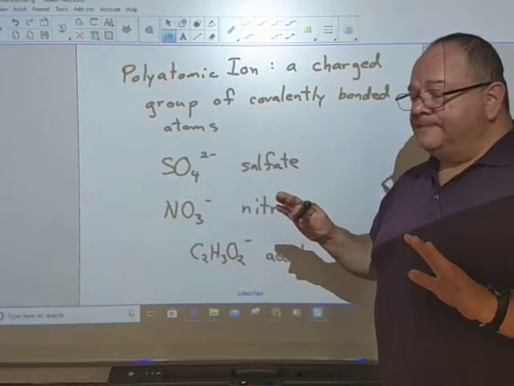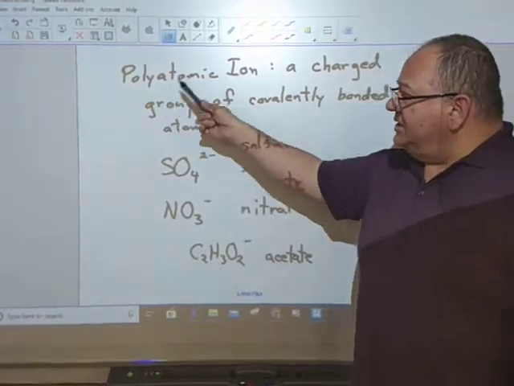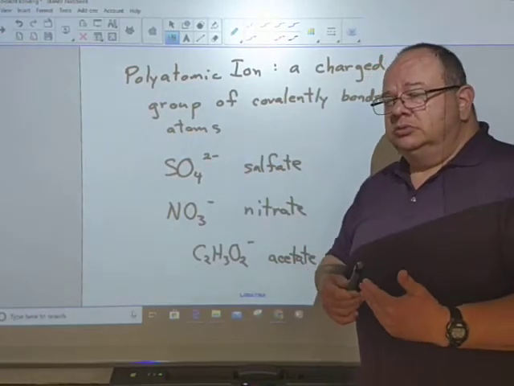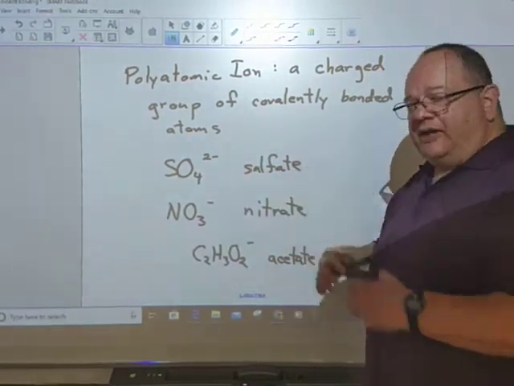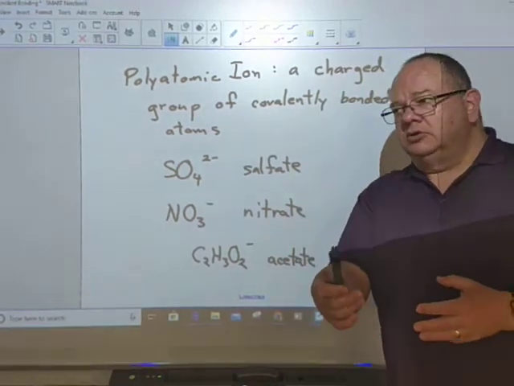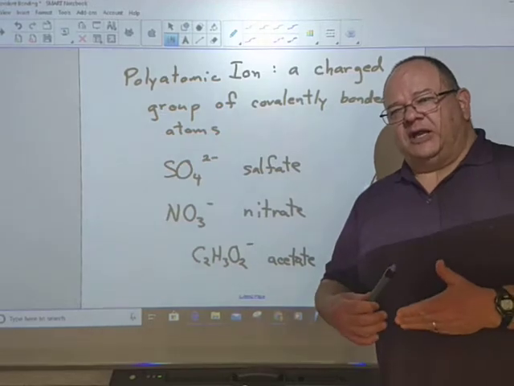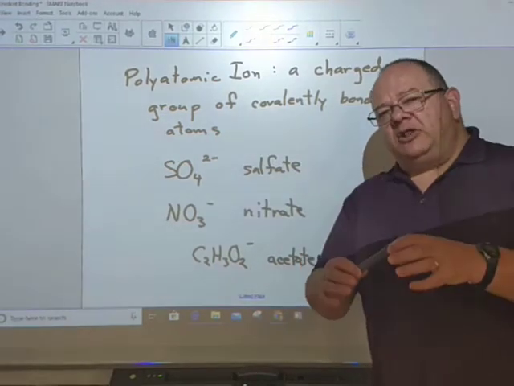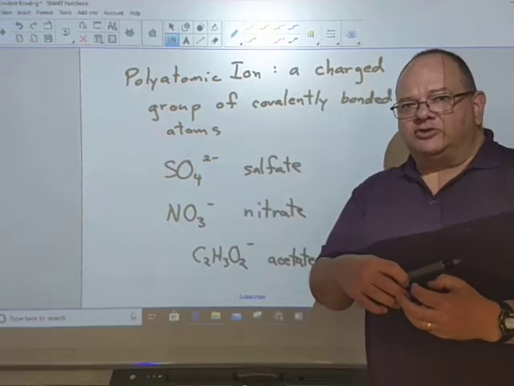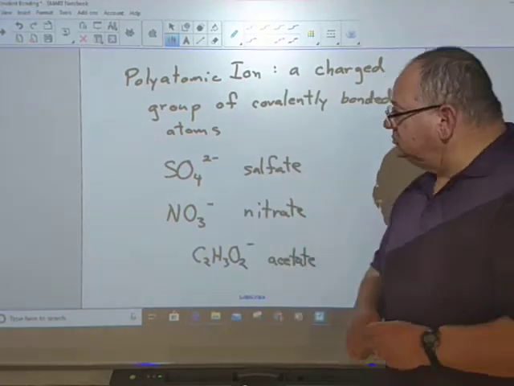That's still the same. Polyatomic, poly means more than one. So we have a group of atoms. It's kind of like if you had a molecule, which was a neutral group of covalently bonded atoms. If you had a molecule and then you either take one or more electrons or give it one or more extra electrons to make it an ion.